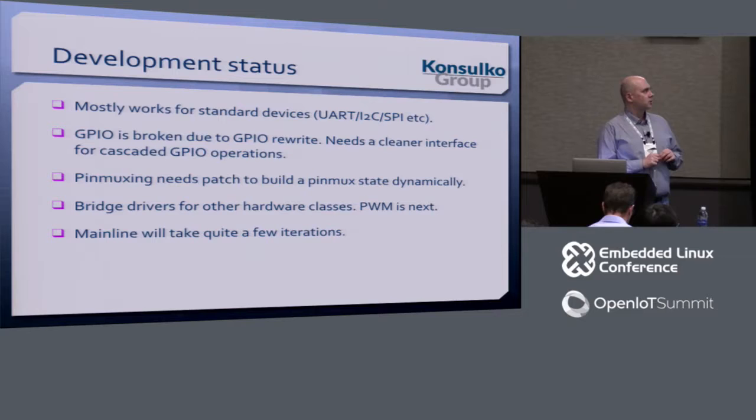We need an extra patch for making the pin muxing work and add pin mux options to a state dynamically. And we will need bridge drivers for all hardware classes that provide services to other drivers, like GPIO, PWM, and I cannot think of anything else right now, but you will need that, and we will have some time working with mainline to get there.